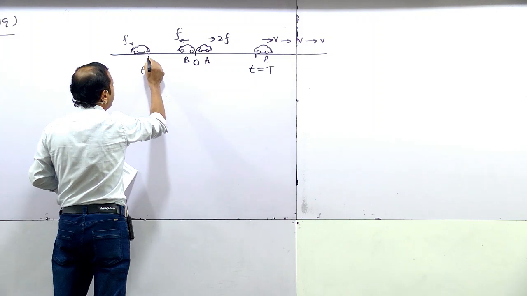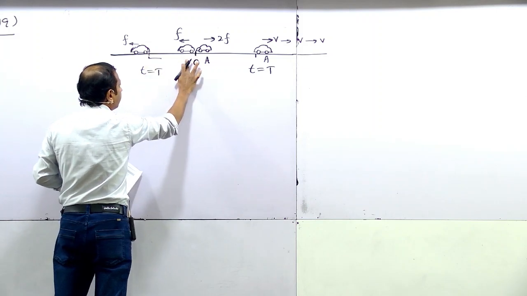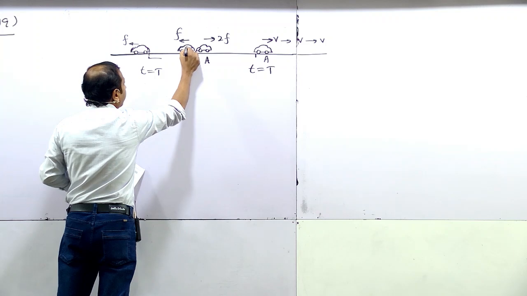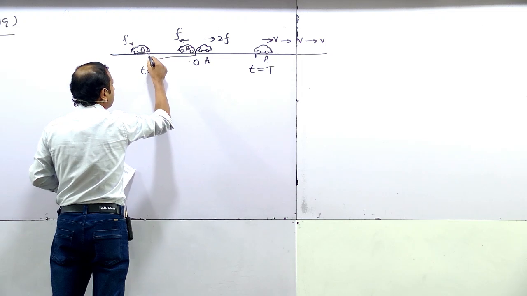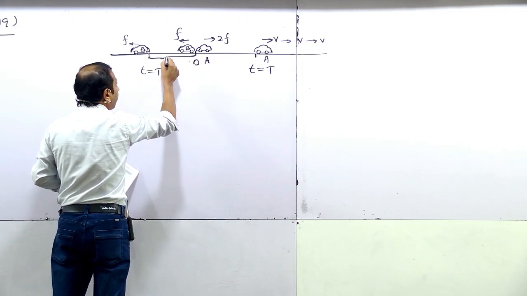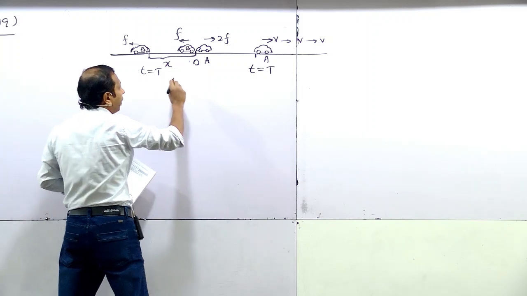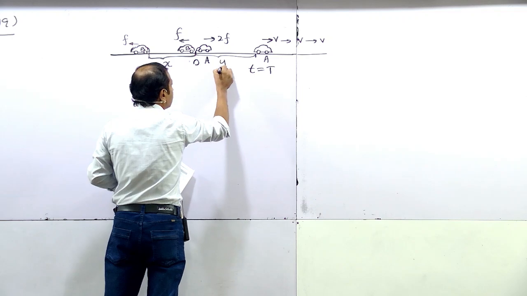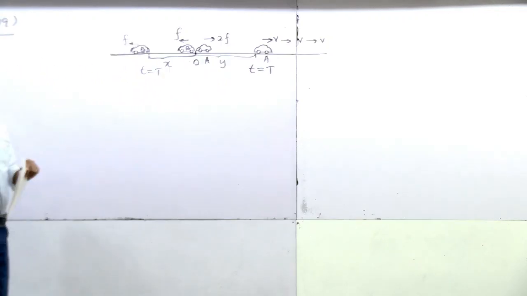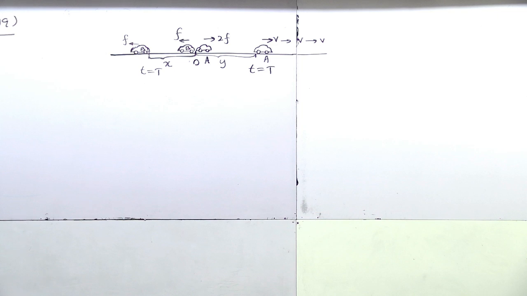It has traveled a distance to the left, this. Suppose that distance as x. During the time interval t, A moves to the right a distance y, like this. Then what is it saying?